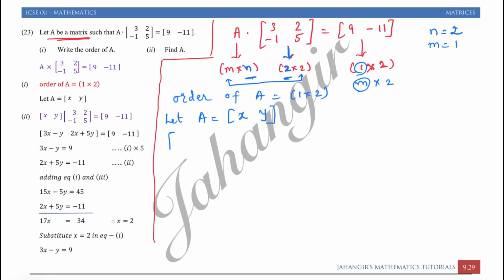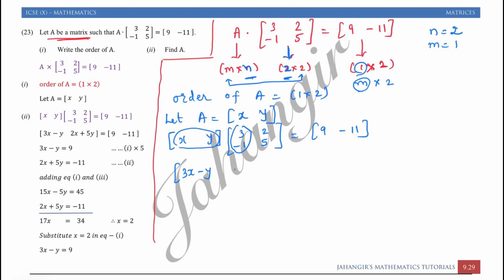So now let's multiply x, y with 3 minus 1, 2 5, equal to 9 minus 11. Multiplying first row, first column, we will get 3x minus y.